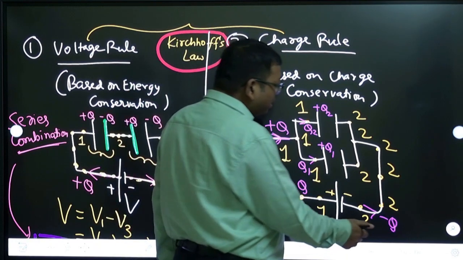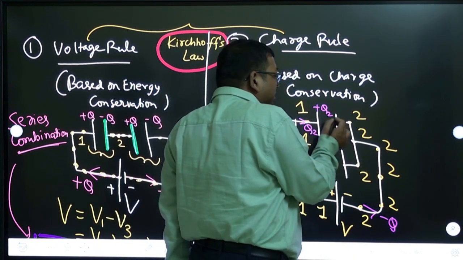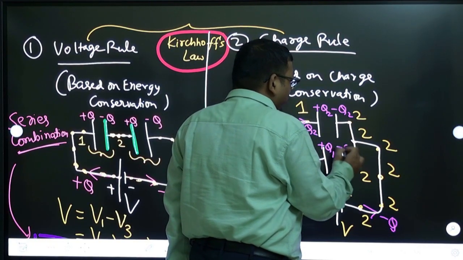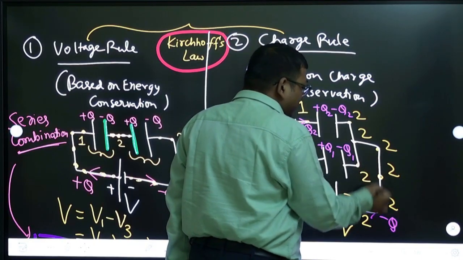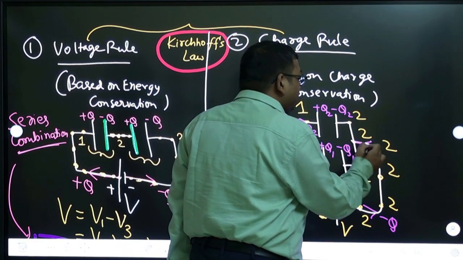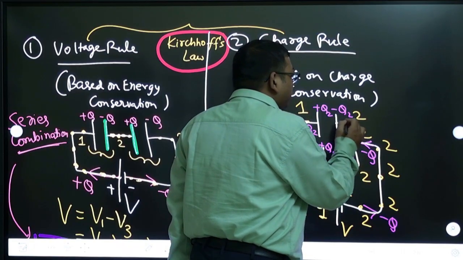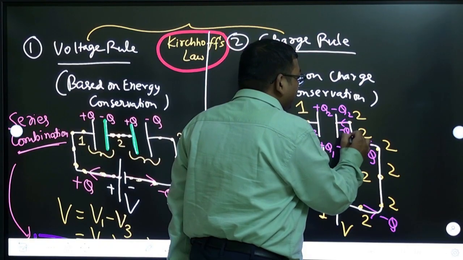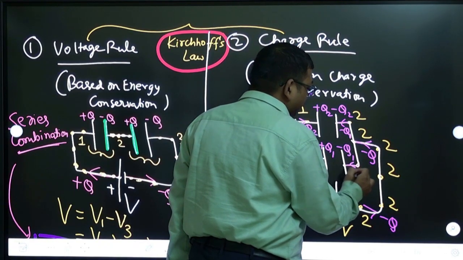Same thing here also, because induction will happen, right? So here minus Q2 will happen and here minus Q1 will happen. You can also say that this minus Q which is coming is breaking into two parts, minus Q1 and minus Q2. Are you understanding this?